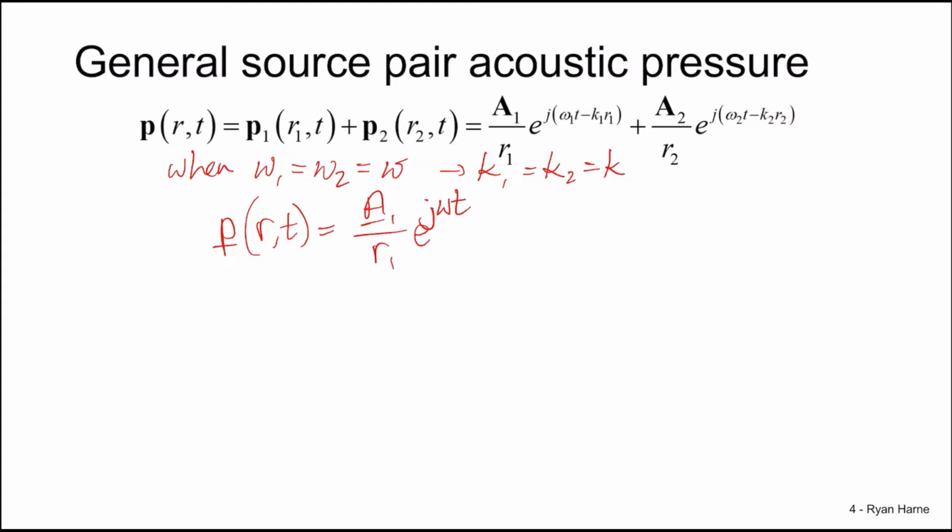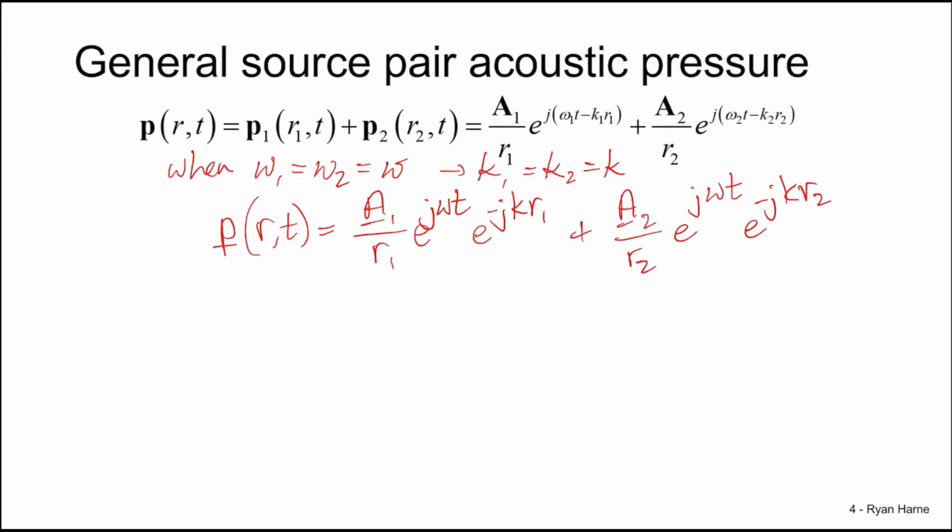And using the multiplication law for exponentials, we also have this multiplied with e to the minus j k r1. And to this we add the contribution from source 2, complex amplitude A2 divided by R2, and then e to the j omega t multiplied by e to the minus j k r2.